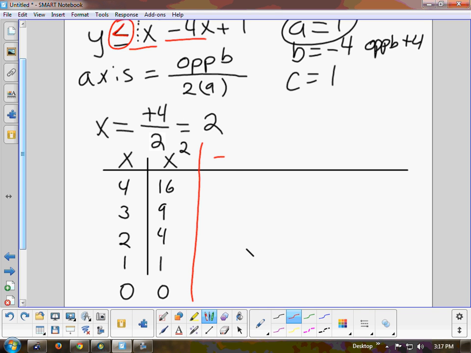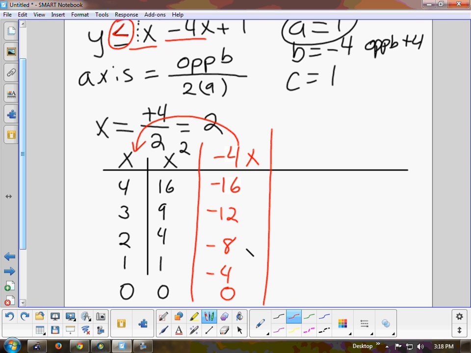Now we got to take care of the minus 4x. And remember, that's minus 4 times the first column. So that's negative 16, negative 12, negative 8. I got to be careful. Negative 4 and 0. And then I always say, just do the last column and make your life so much easier. Add 1 to everything.